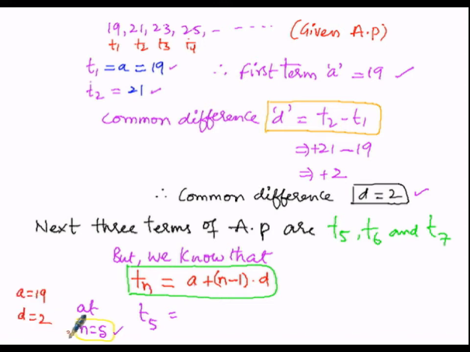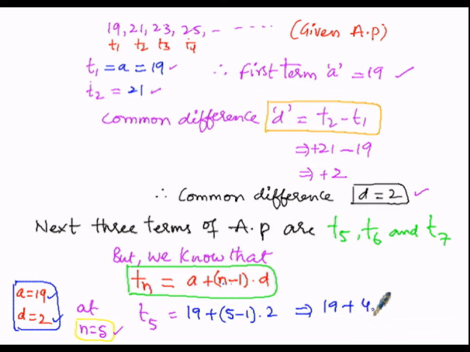Then T5 is A value 19 plus n minus 1, n is 5, that is 5 minus 1, into D, D is 2. So that implies 19 plus 5 minus 1 is 4, into 2 within the brackets.